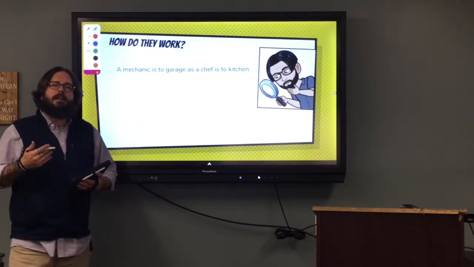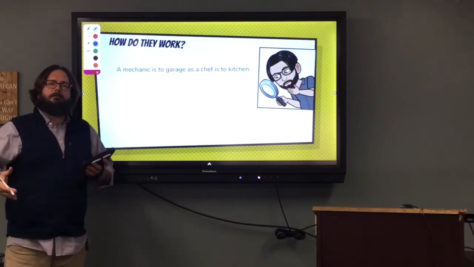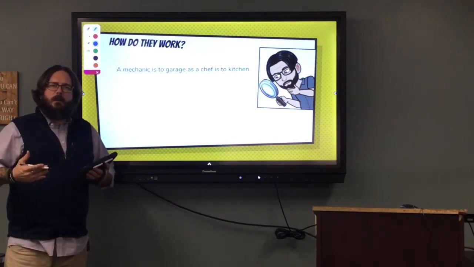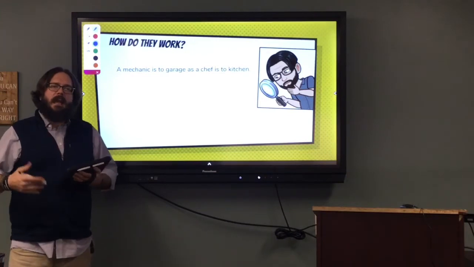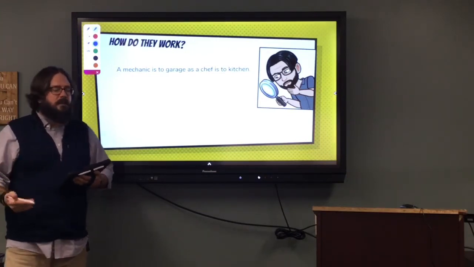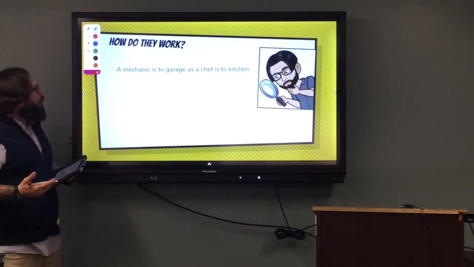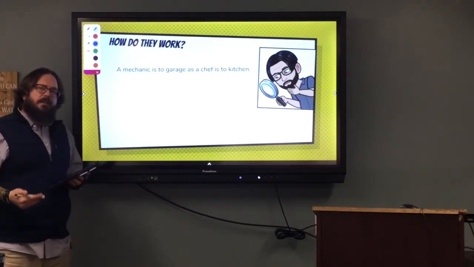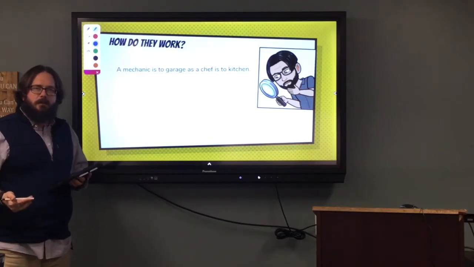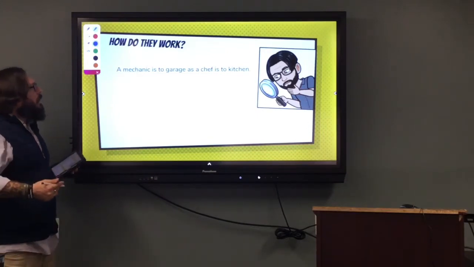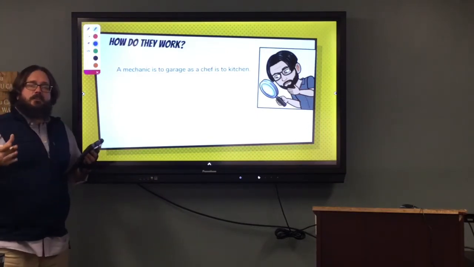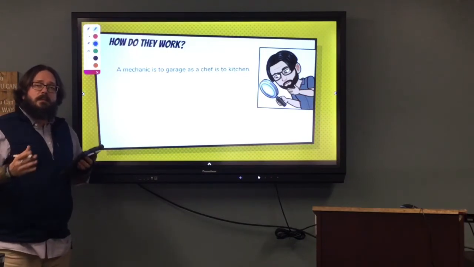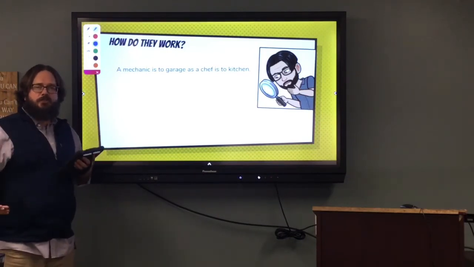Now that we know what analogies are, let's look at an example to help us figure out how they actually work. In this example, we are told a mechanic is to garage as a chef is to kitchen. Now remember, an analogy is two pairs of words that share a relationship.